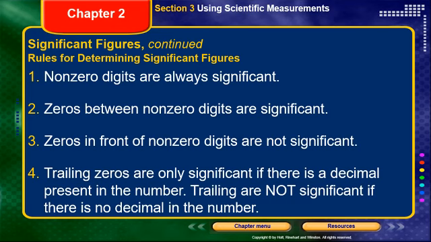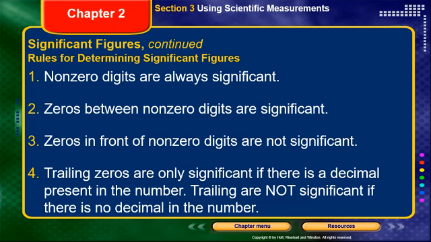Rule 4 is a little bit more complicated, so you have to see what the condition is. Trailing zeros. So these are going to be zeros after all of the non-zero digits. Trailing zeros are only significant if there is a decimal present in the number. That's the condition. If there is a decimal present in the number. Now, it does not matter where in the number.